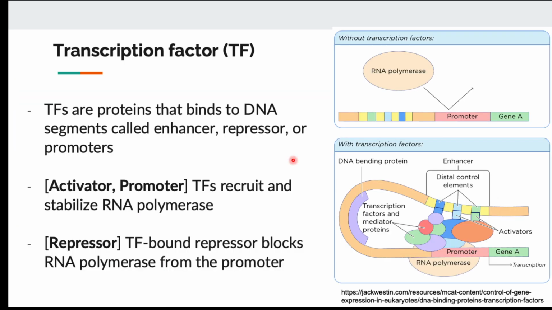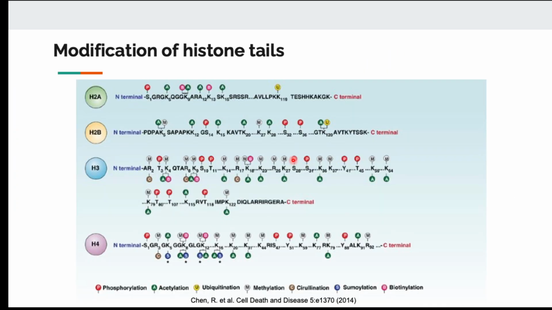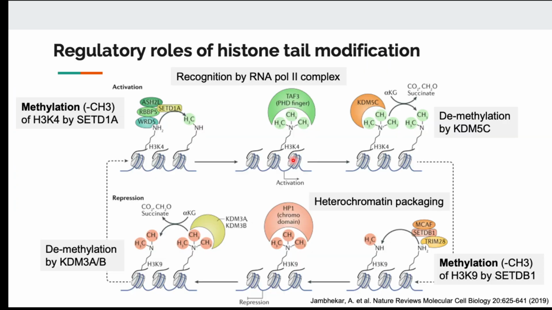We want to know where the transcription factor binds to the DNA. The other one would be the modification of histone. If we can pull down specifically methylation of H3K4, or specifically methylation of H3K9, then we can study the state of the histone in our cells.